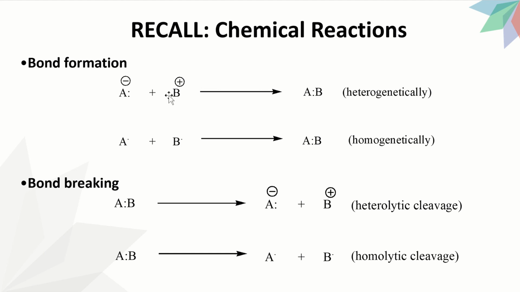if we have a bond forming heterogenically, then both of the electrons come from one atom to form this bond here. And if it's a homogenetically formed bond, then we have one electron from one atom and one electron from the other.